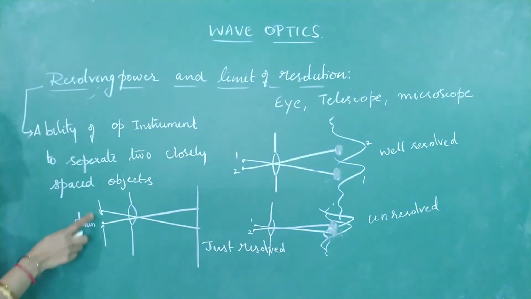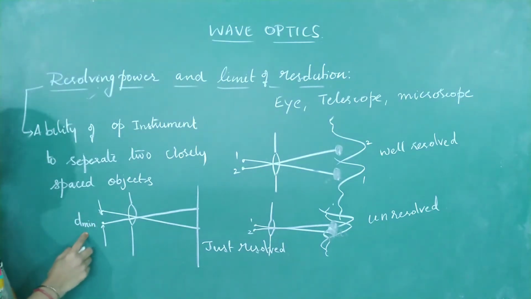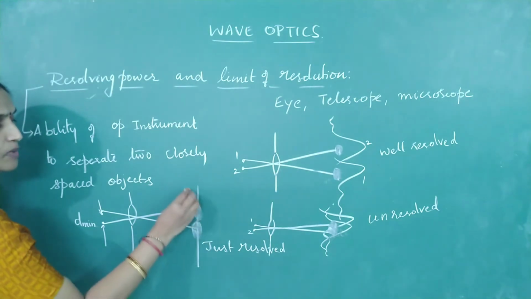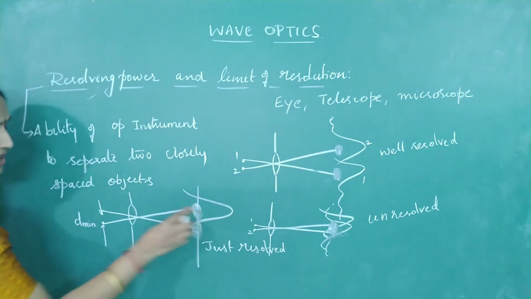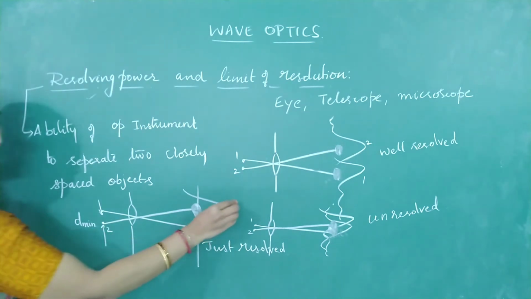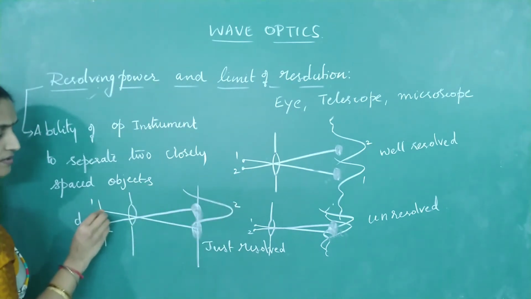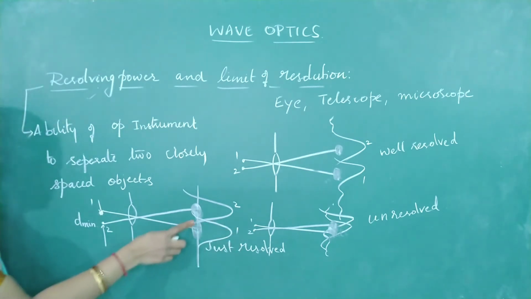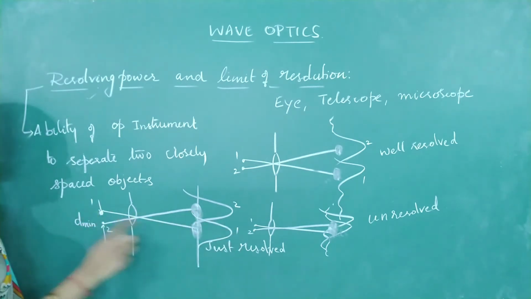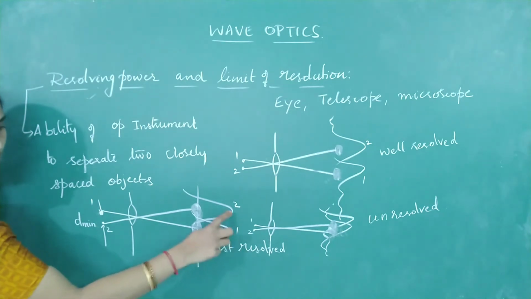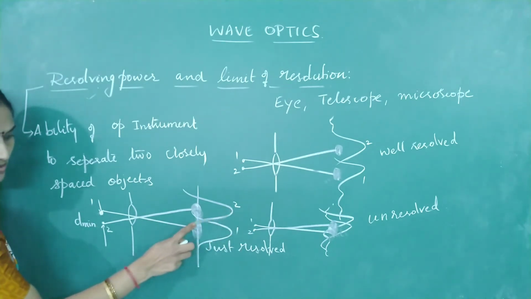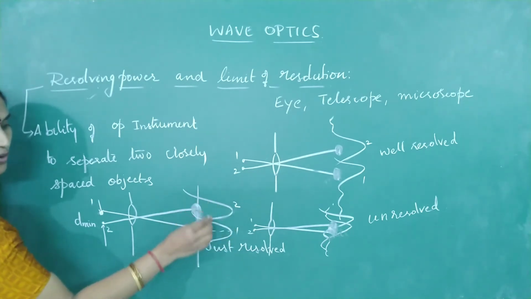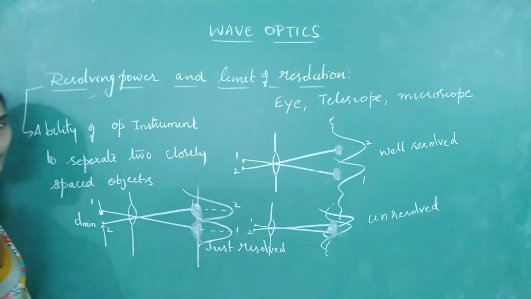Okay, 2 closely spaced objects can be just resolved if the maxima of one coincides with the minima of the other. Say this is the diffraction maxima of the second object and this is the diffraction maxima of the first point object. These 2 point objects will be just resolved if the maxima of the first one coincides with the minima of the second and the maxima of the second one coincides with the minima of the first.